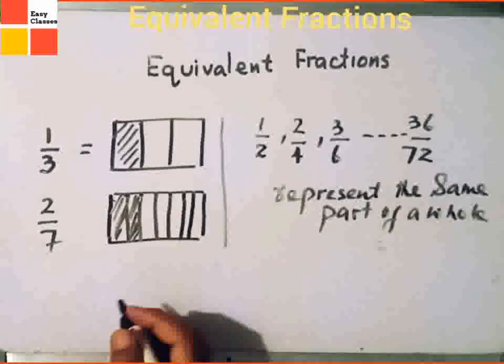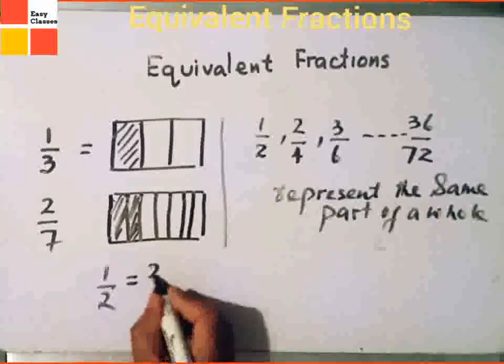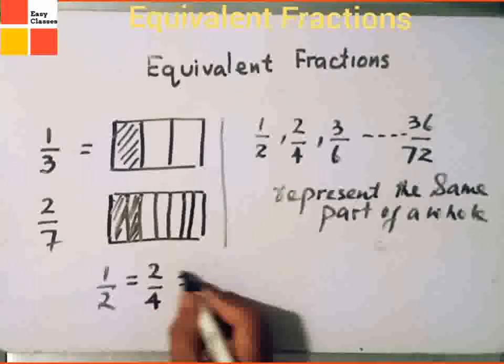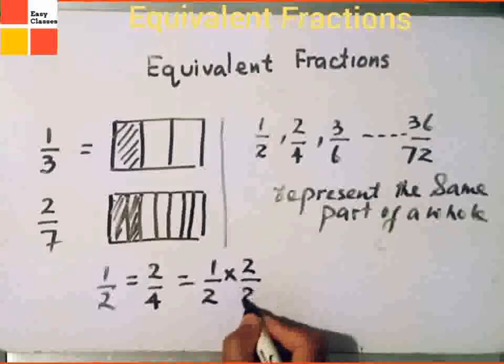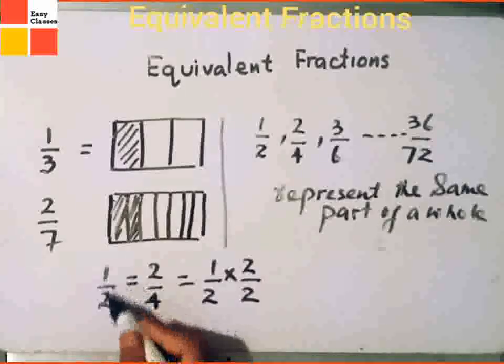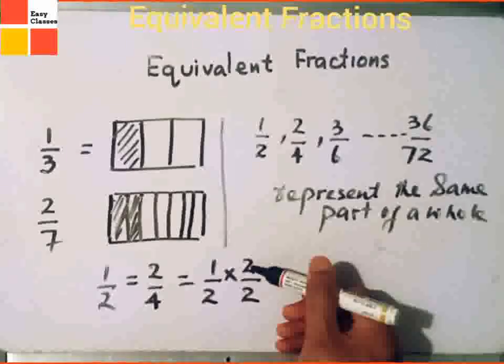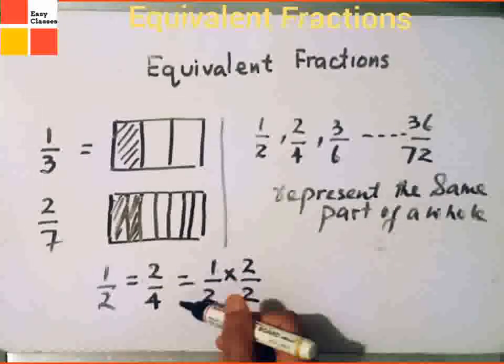For example, 1 by 2 is equal to 2 by 4, because 2 by 4 is actually 1 by 2 into 2 by 2. We are multiplying 1 by 2 by the same number in its numerator and denominator. 2 ones are 2, 2 twos are 4.